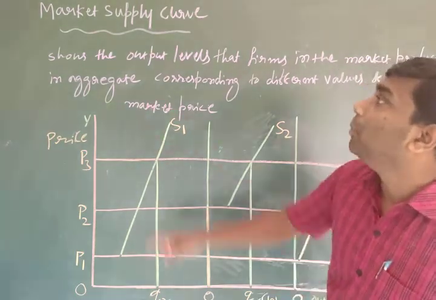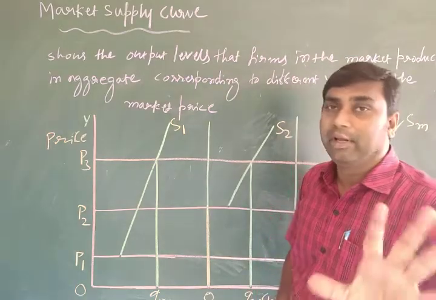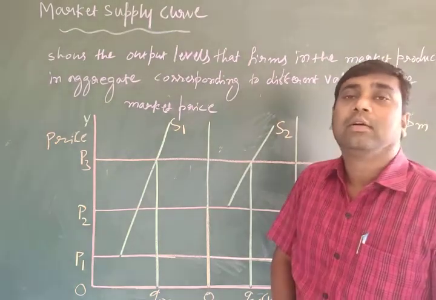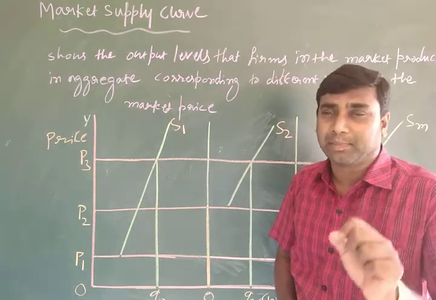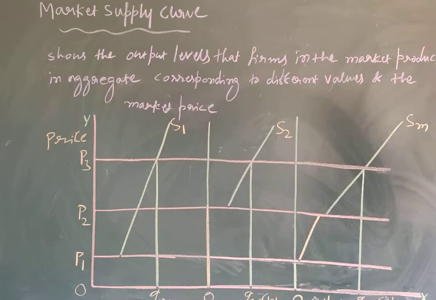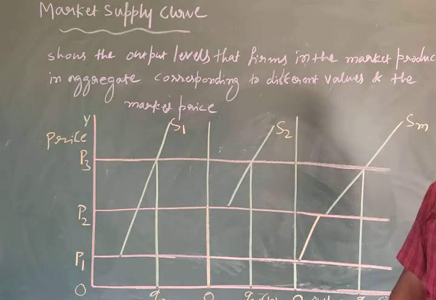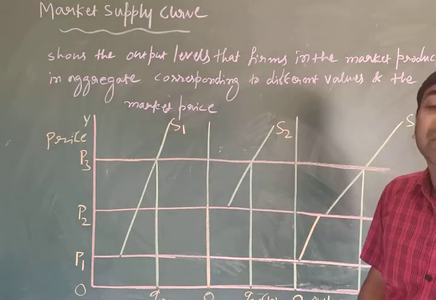Okay, next is the market supply curve. Another important concept for 6 marks. Very important, market supply curve. The market supply curve shows the output levels that all the firms in the market produce in aggregate, corresponding to different values of the market price.